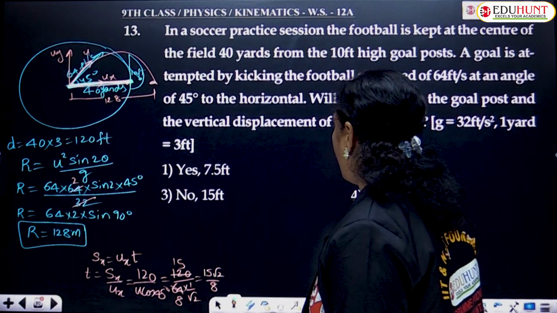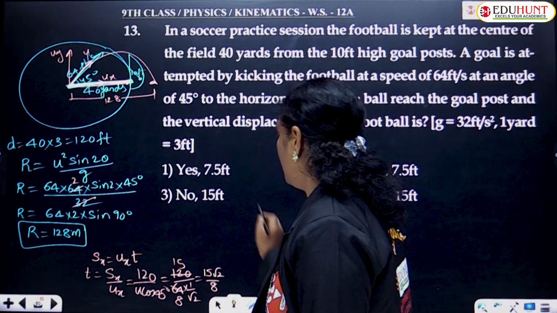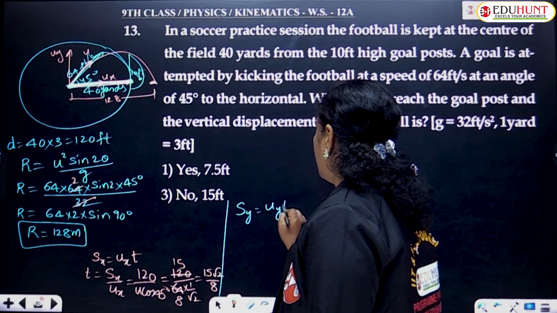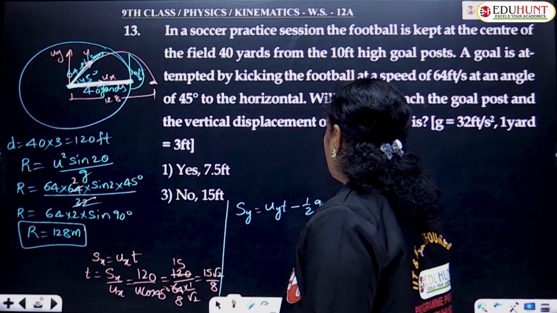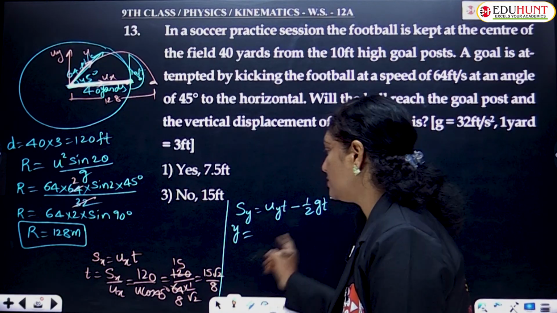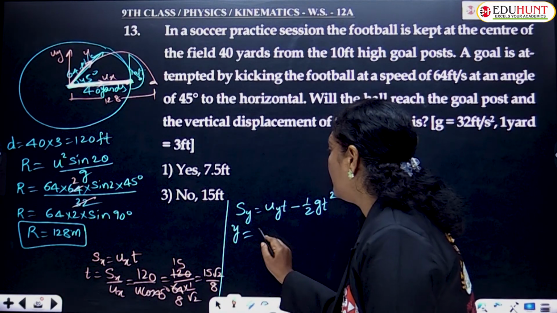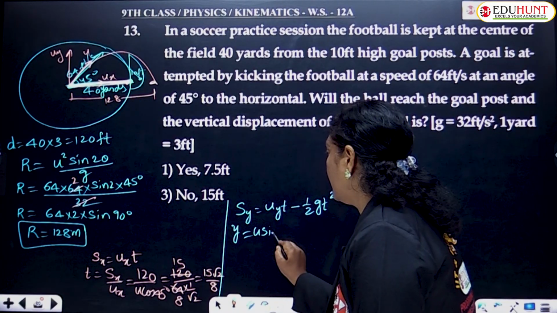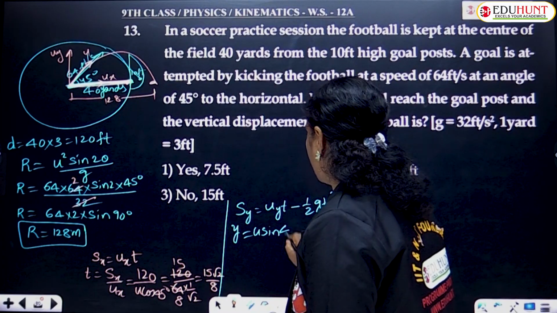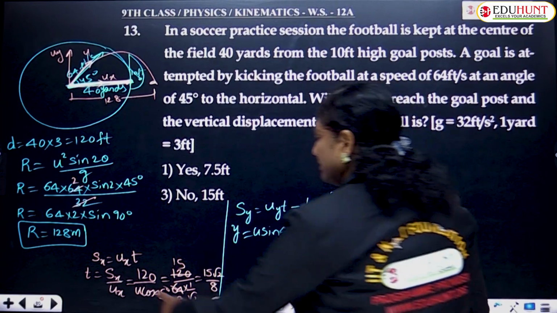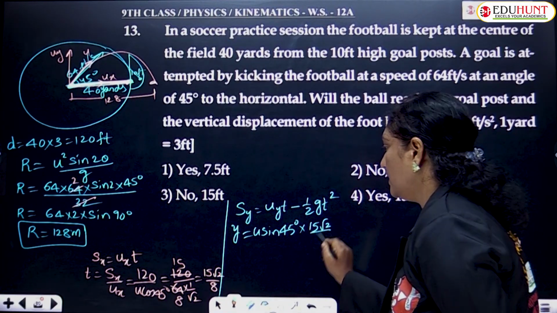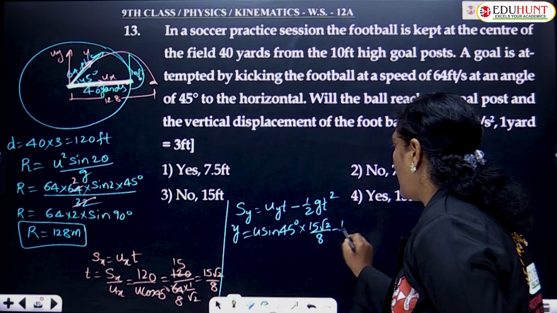Substituting those values in the equation that we defined just now, Sy is equal to uy into t minus half gt square. Then the vertical distance y is given as uy, which is u sine 45 degrees, into the value of t just calculated as 15 root 2 upon 8, minus half.